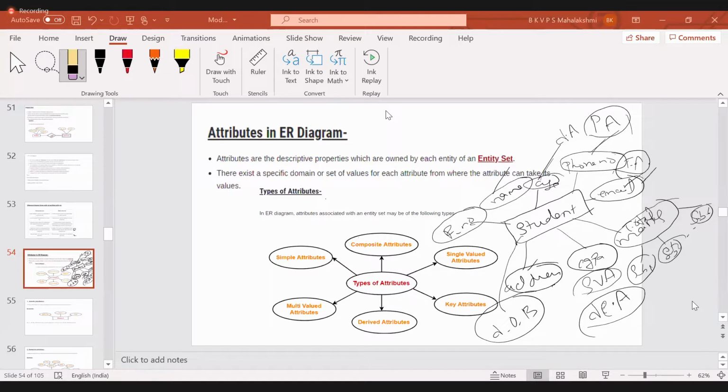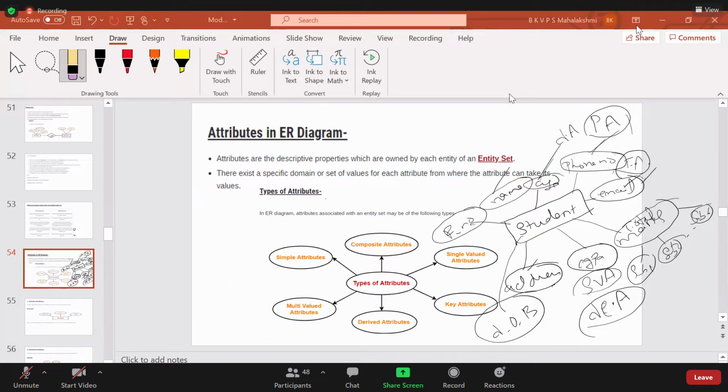Quick, do it. Or shall I call the roll numbers or will you do it by yourself? 31.